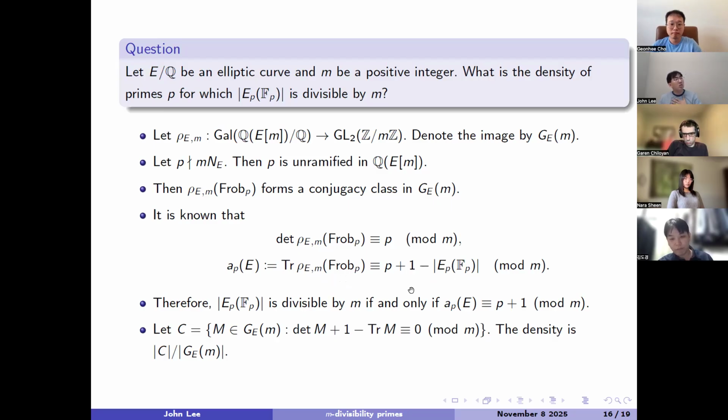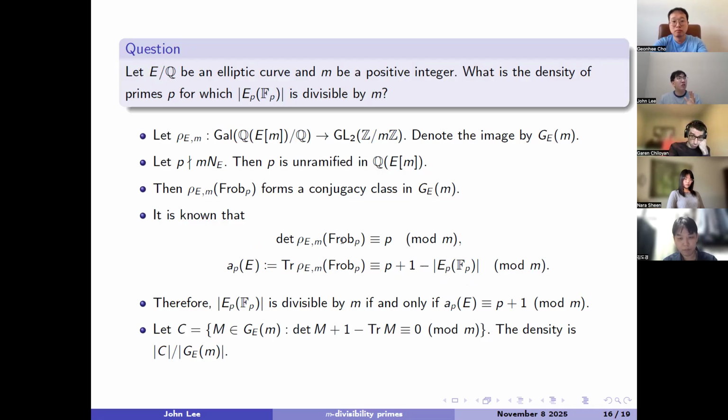But what is our goal? Our goal is to study when this number is divisible by n. That is equivalent to a_p being congruent to p + 1 mod n. So I want to find all Frobenius traces where a_p is congruent to p + 1, where p happens to be the determinant.